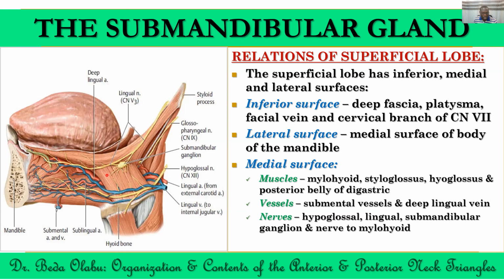Hypoglossal is this one here. And mylohyoid muscle will be somewhere here. So the gland covers all this region. And so this is partly the relation anatomy. You can see the hypoglossal nerve with the deep lingual vein there.